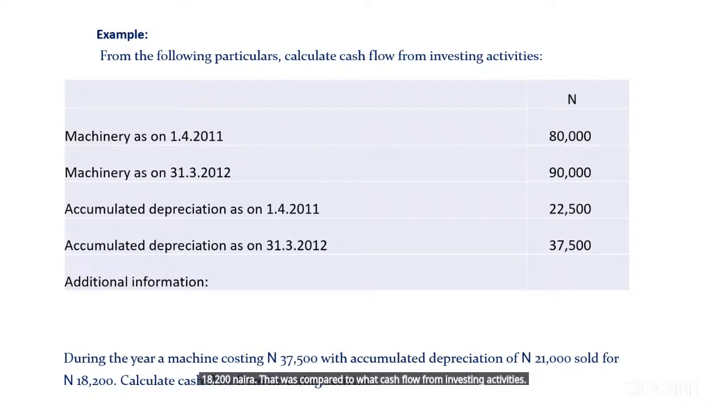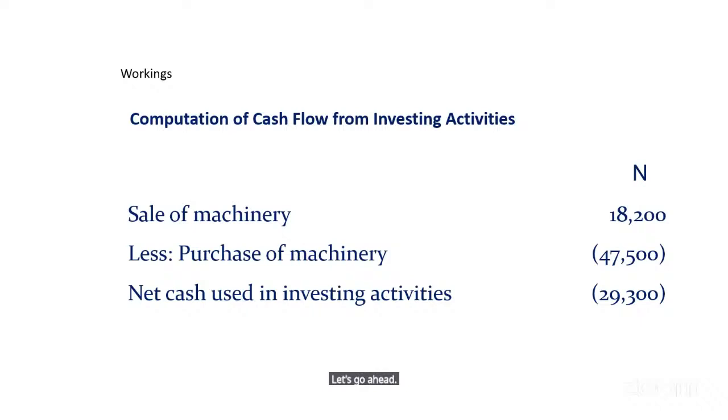Now let's go ahead. First of all, this is the working calculation of cash flow from investing activities. Look at here, the sale of the machine, that is an inflow of 18,000 naira. But how much was purchased?